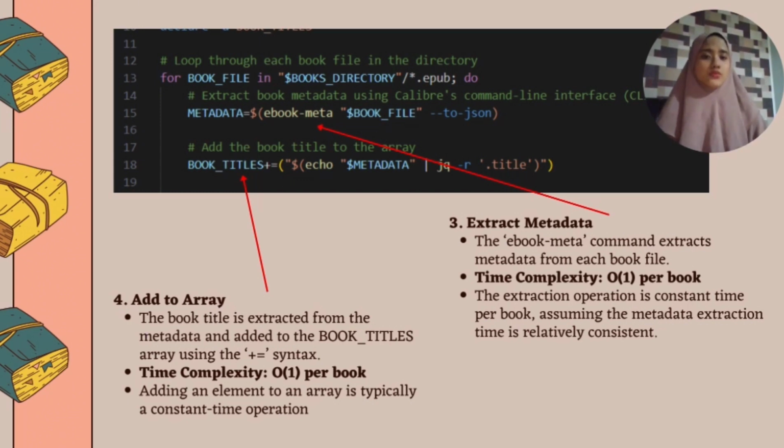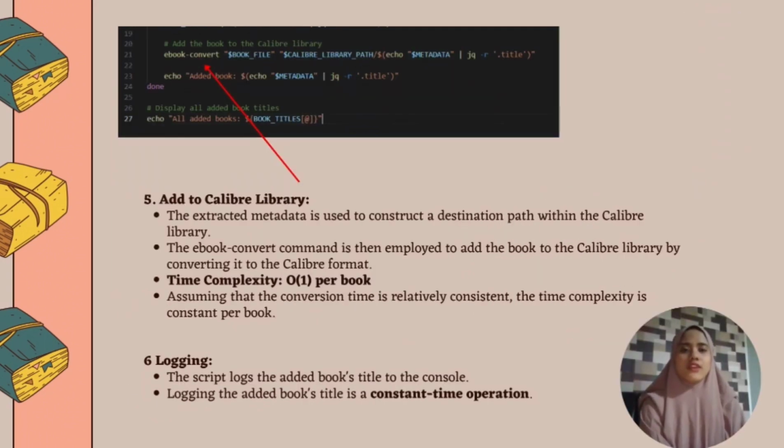Fourth is add to array. The book title is extracted from the metadata and added to the book title array using the plus equals syntax. Time complexity is O(1) per book. Adding an element to an array is typically a constant time operation. Fifth is add to Calibre library. The extracted metadata is used to construct a destination path within the Calibre library.